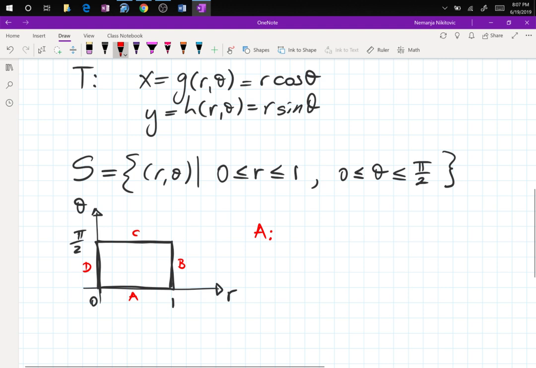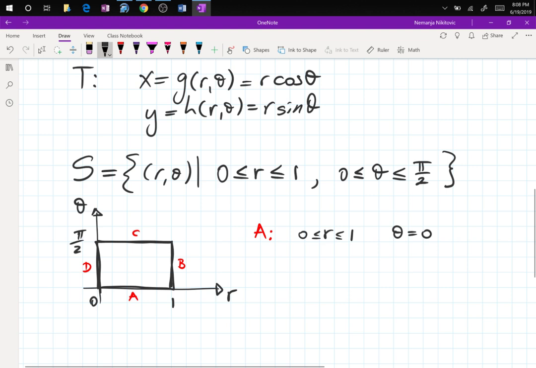So now you write for part A the formula that you have. R is stuck between 0 and 1, while theta is equal to 0.